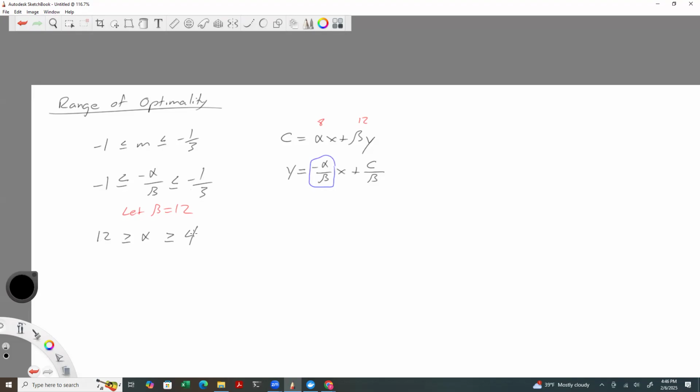So hopefully that's all making sense. Basically, in one instance, I'm putting beta equal to 12, and then I'm just solving the inequality to isolate alpha there. And so what this is actually showing at this point is that our range of optimality for the decision variable x is the range of 12 to 4. So maybe I'll write that out just to be clear.